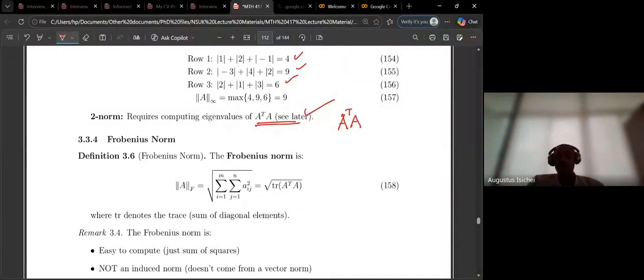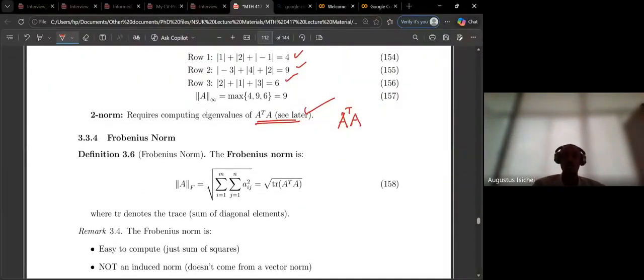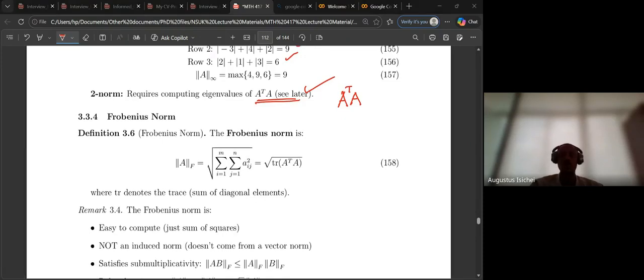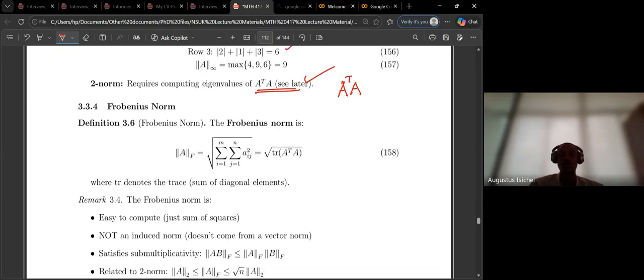We still have some minutes. Now let's talk about the Frobenius norm. What is the Frobenius norm? Definition 3.6.